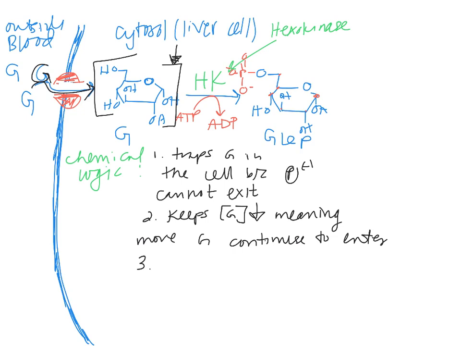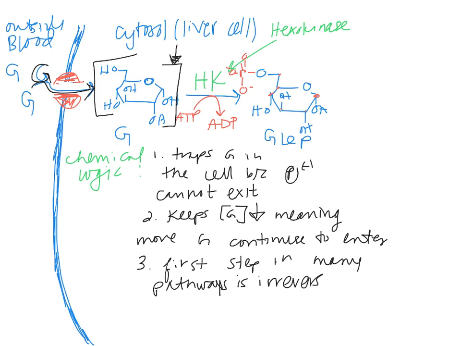The first step in many pathways is irreversible, so this follows that. It's a point of major regulation, but this also serves to commit glucose to being inside the cell.